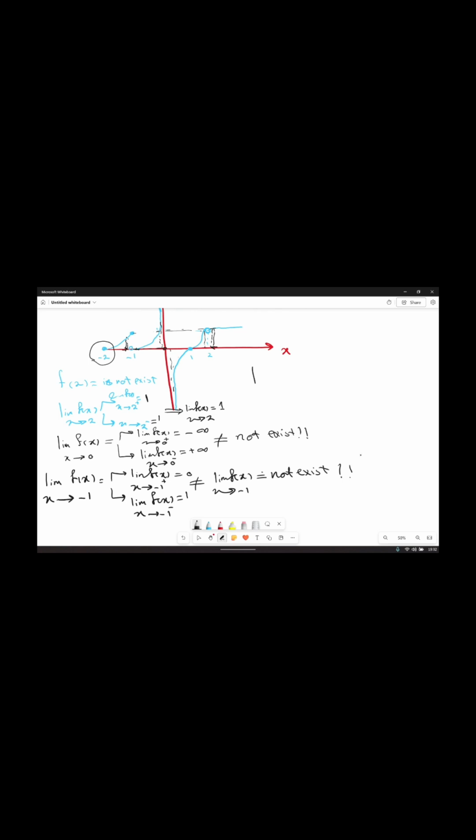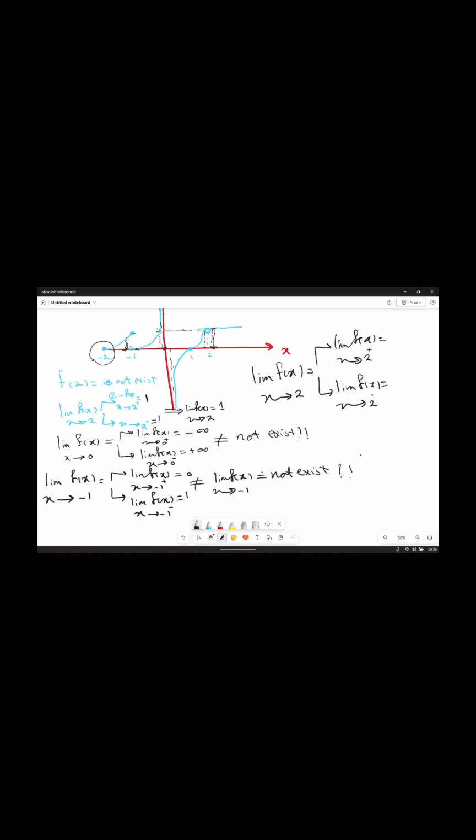Okay, but another one, guys, at the point 2, what happens? For example, if I ask you the limit of f(x) as x approaches 2 from both sides, this limit as x approaches 2 positive, and the limit of f(x) as x approaches minus 2, excuse me.